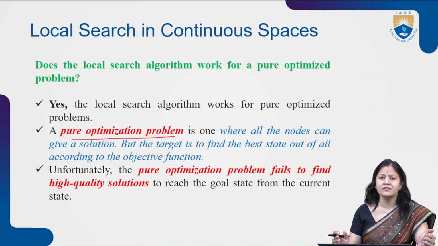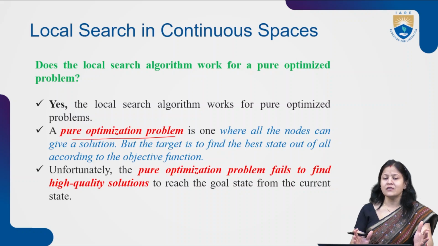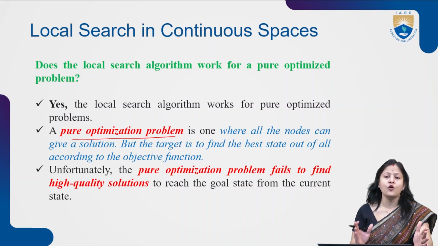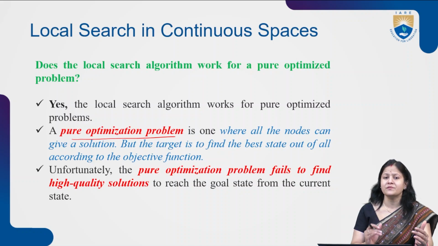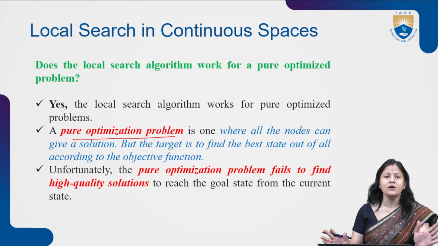As I have already discussed, for local search techniques in continuous space it does not matter how much cost is required or how many steps are required. Whether we reach the goal state or not, that is the target of local search in continuous space. And why can it be used for pure optimization problems? Optimization problem means where we can find the best solution among all possible solutions.